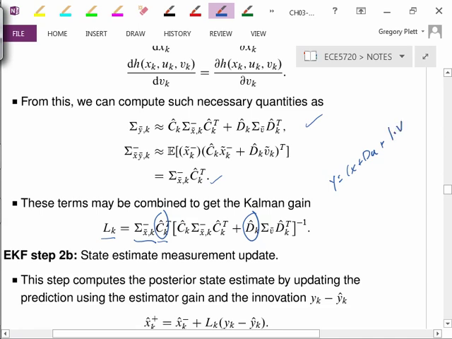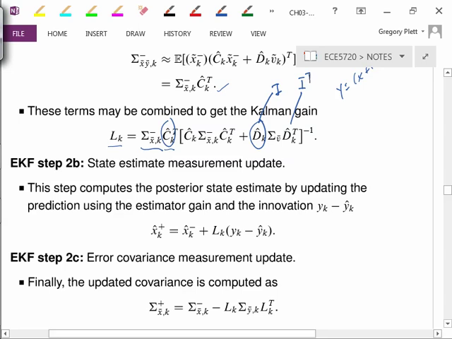Here I've got a d hat times v, and that location there is the scaling of the noise. So I've got d hat times sigma v times d hat transpose, where you could, I guess, have argued that originally in the linear case I had I times sigma v times I transpose over there. So this is a reasonable generalization of the linear Kalman filter steps, as we can see.